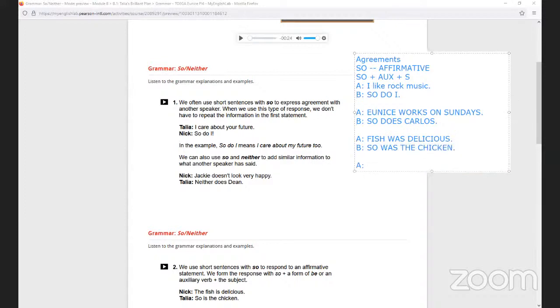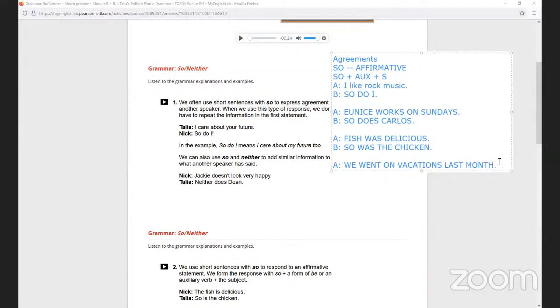The thing here is that we have to identify the auxiliary that we are using. For example, in simple past, if I say, "We went on vacation last month." This is simple past. So if I want to say that we, maybe we are two people, did the same, I will say, "So did we."